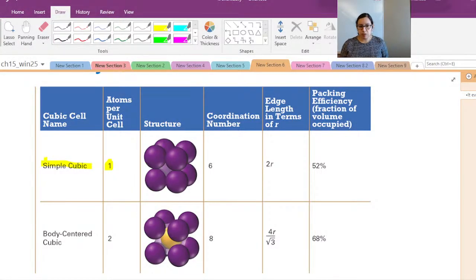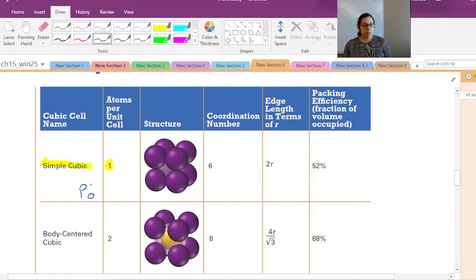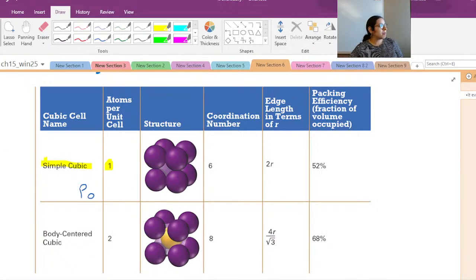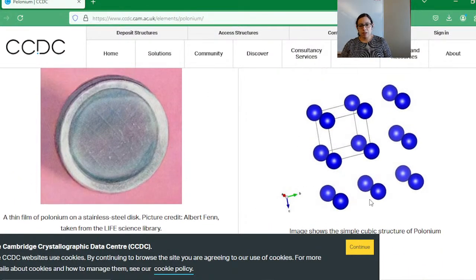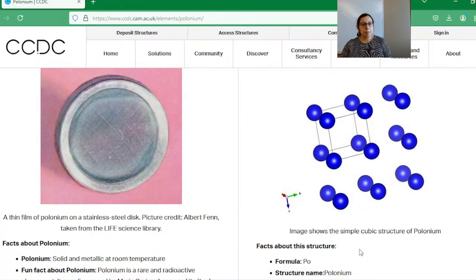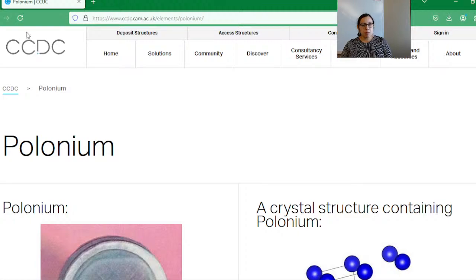I pulled up a bunch of links. And so our characteristic example is actually polonium. There are actually not a lot of simple cubic structures. So I think polonium is one of the few, if not the only, simple cubic. And the website that this one happens to be on is the Cambridge Crystal Structure Database.